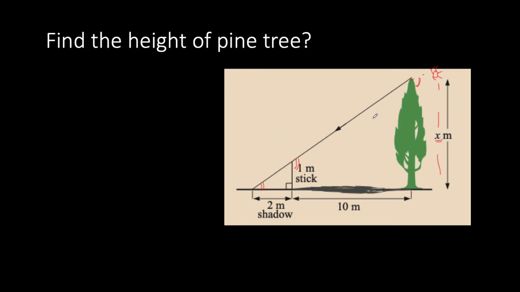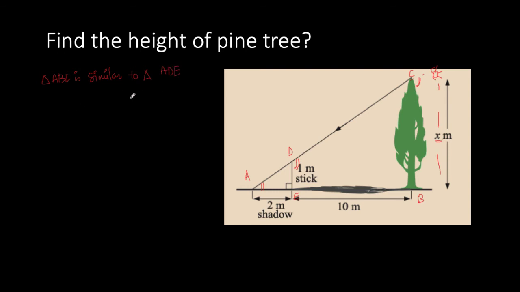Now just to understand this part, let's name this as A, B and C, and this side is D and E. Now we know that triangle ABC is similar to triangle ADE.